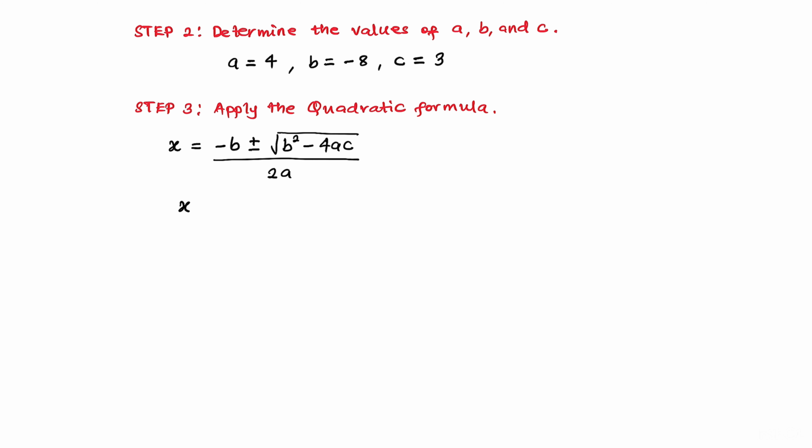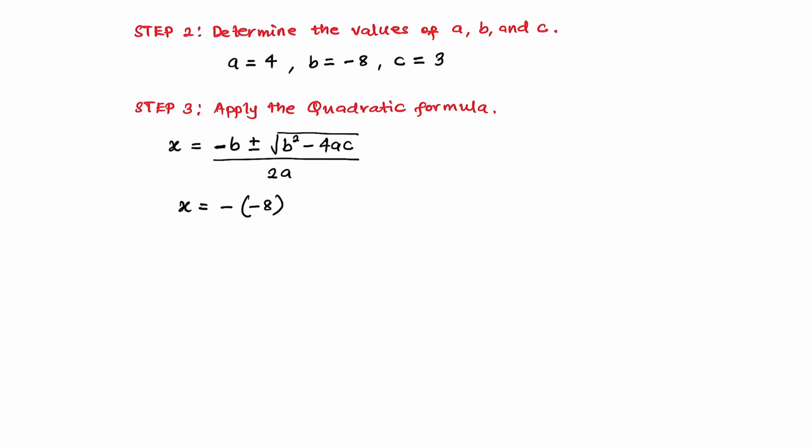X equals, we know that the value of b is minus 8. So we write the negative which comes with the formula, and the value of b in of itself is negative 8. Again, there is a negative in the formula that we have, and the value of b already has its own negative. So we don't say because the formula has negative b, we ignore the negative of b.